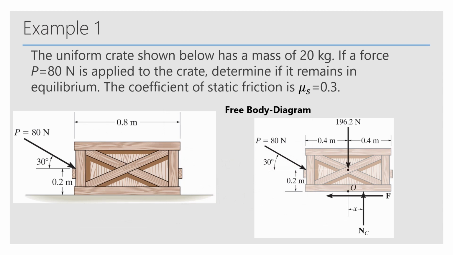So here we have the free body diagram. It shows what the normal force would look like. It shows what the frictional force would look like on the bottom of the box, and then it also shows that gravitational force that's acting on the box from the 20 kilogram weight. And here it shows it as 106.2 newtons.